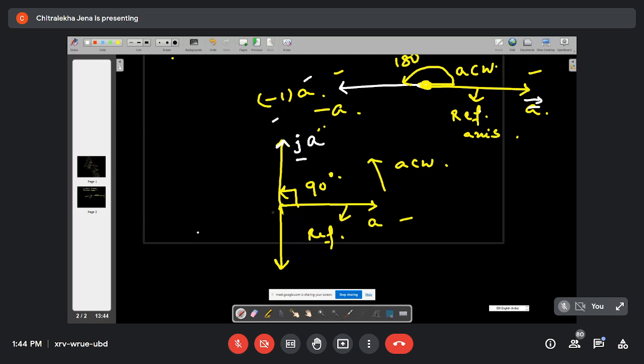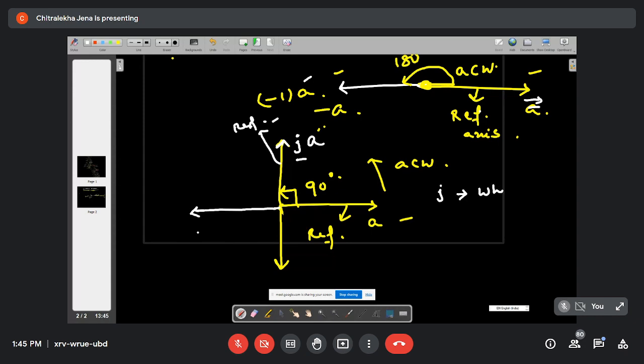Okay. Now, suppose this is my reference axis. Here I have taken j as the variable.